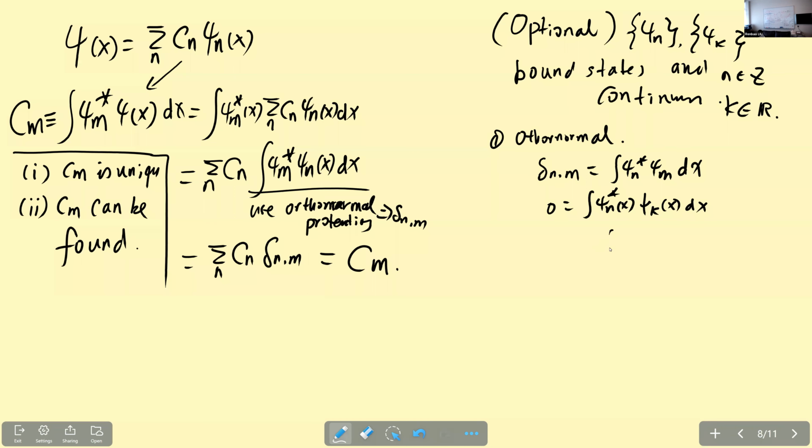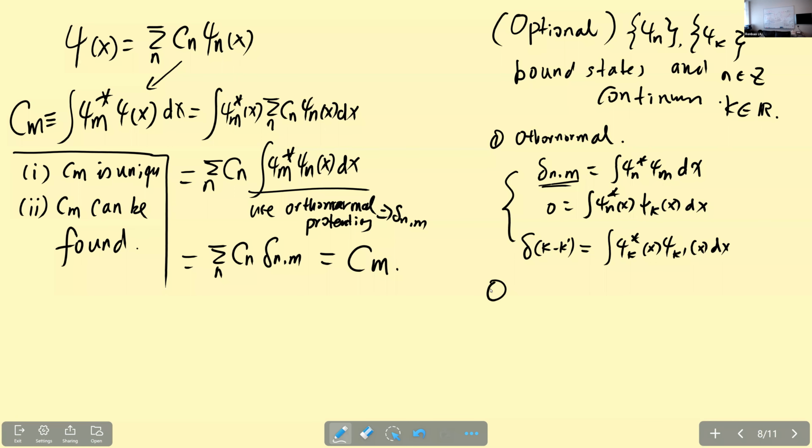And then how about the integral of ψ_k*(x) ψ_k'(x) dx? If k and k' are different, it's just 0. But if they're the same, we use something called a delta function, that's infinite, because it cannot be normalized. So this is also the orthonormal condition.